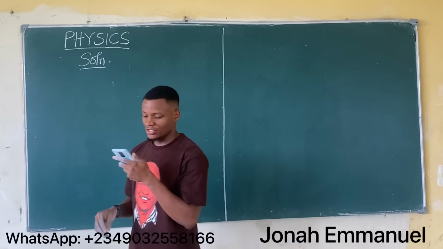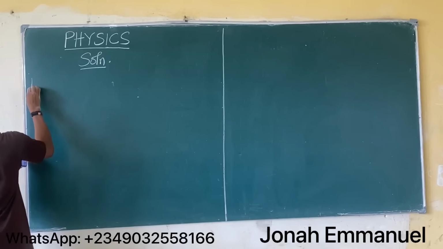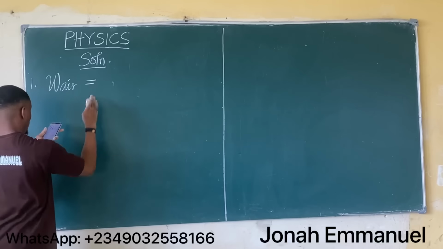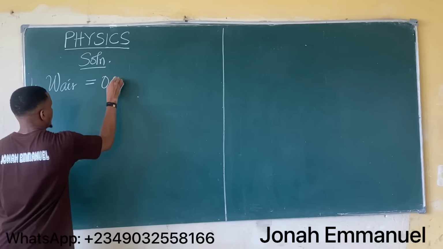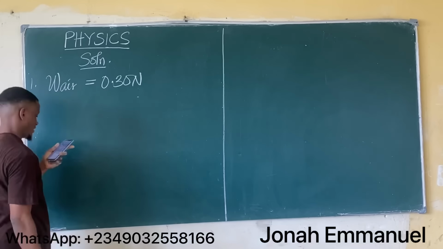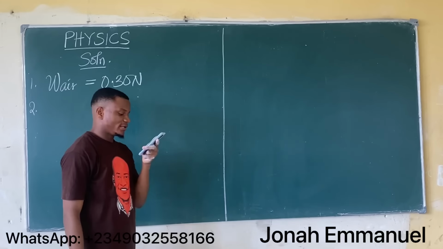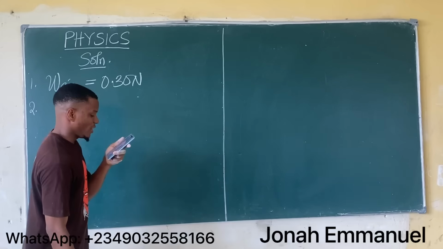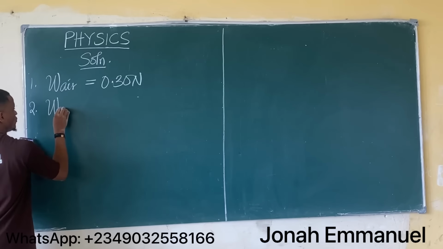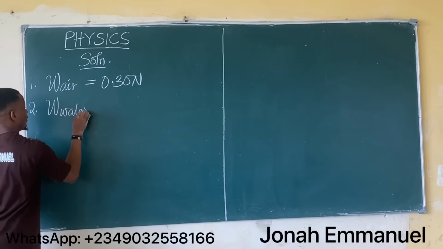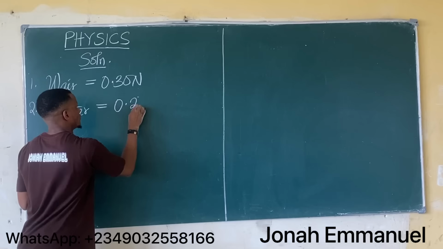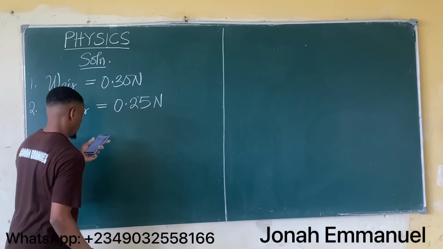Number 1, the weight of the body in air, W air, is equal to 0.30 Newton. Number 2, they said 0.25 when fully immersed in water, so the weight in water, W water, is equal to 0.25 Newton.